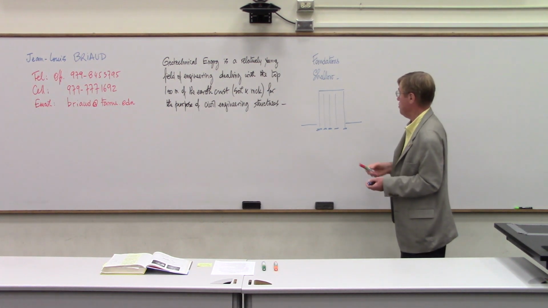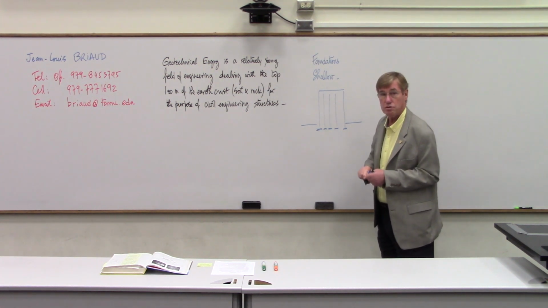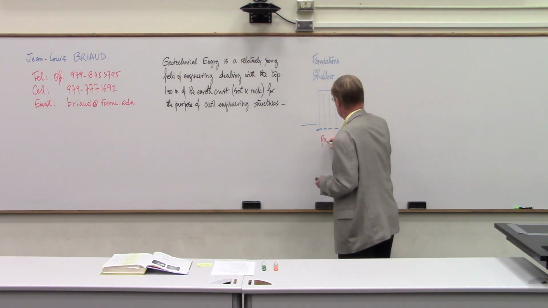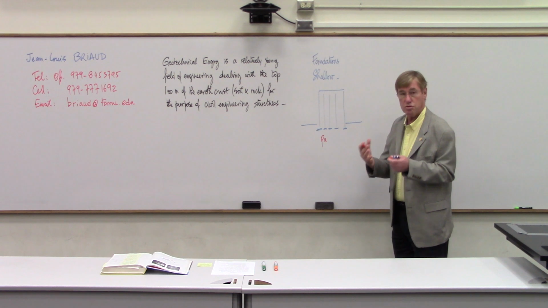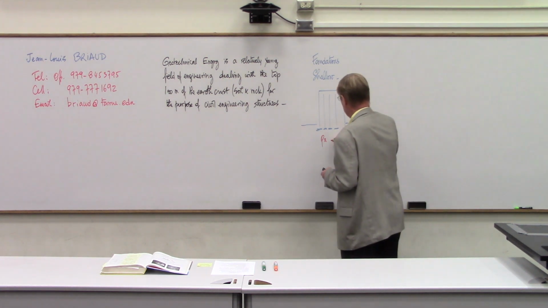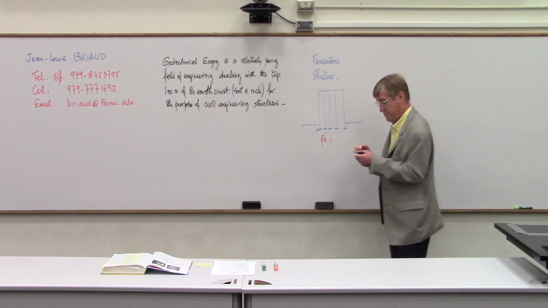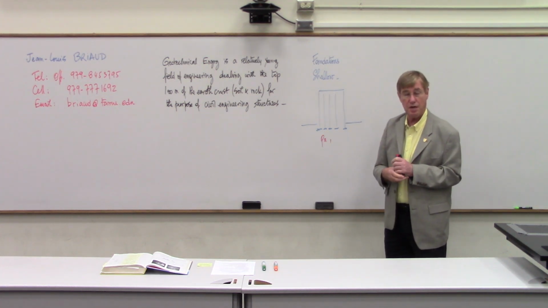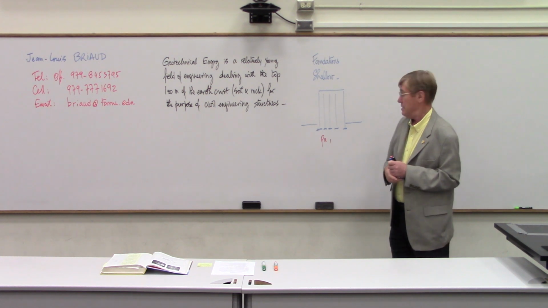So there, the question that has to be answered is, one, what is the ultimate pressure, P ultimate, that the soil can actually carry? And then the second question is, once you have the ultimate pressure, you put a factor of safety on that ultimate pressure.